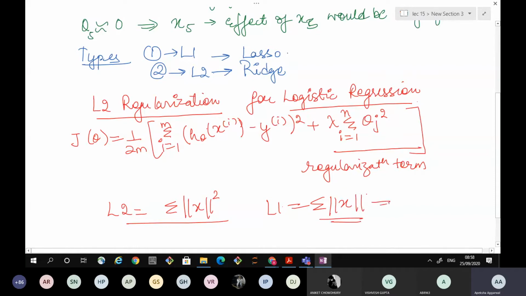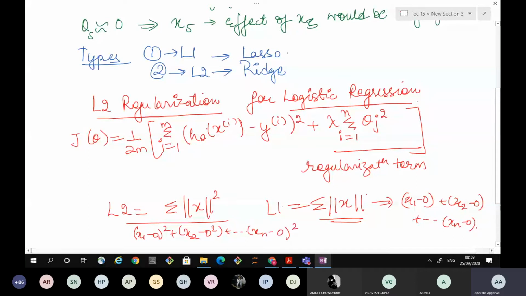This is calculated as x1 minus 0 plus x2 minus 0 up to xn minus 0, and the L2 norm is x1 minus 0 square plus x2 minus 0 square plus up to xn minus 0 square.